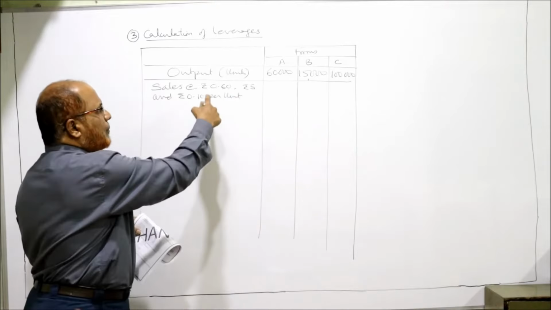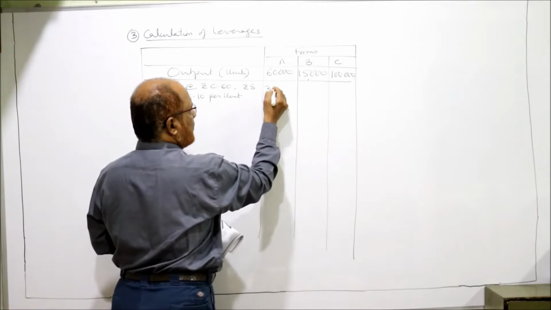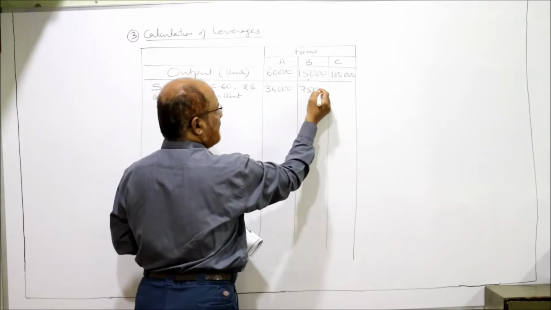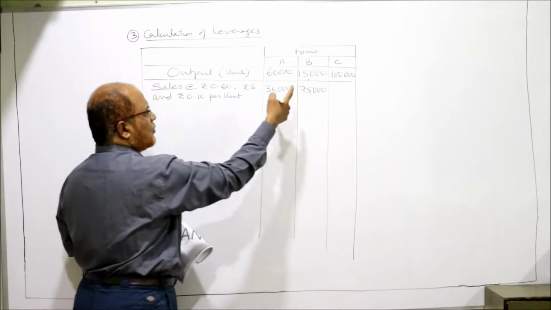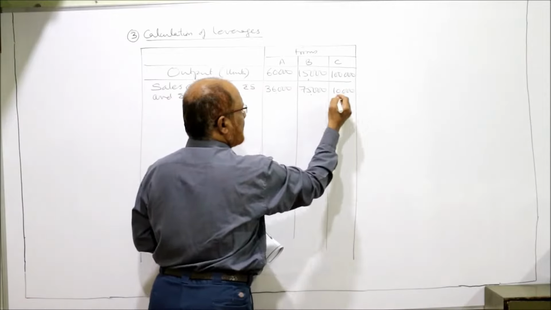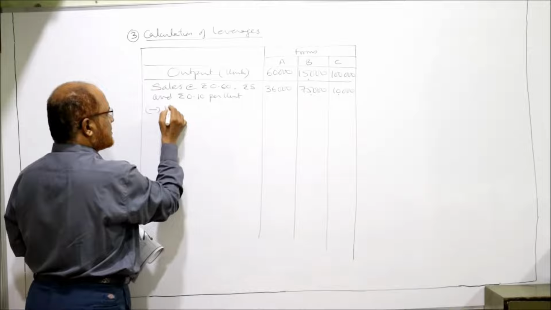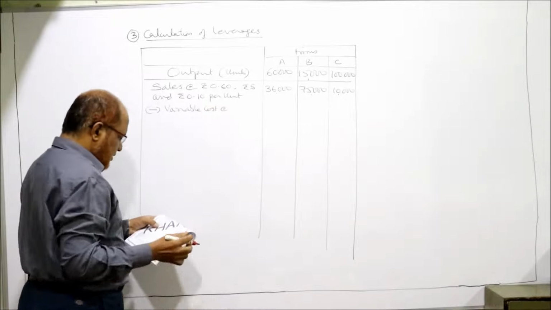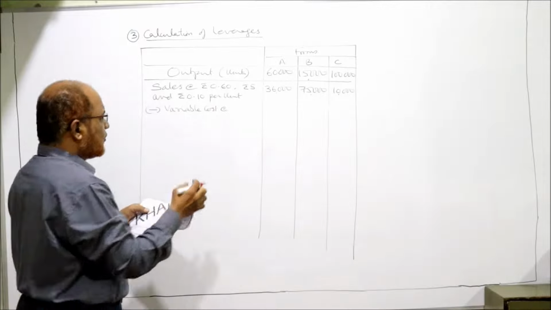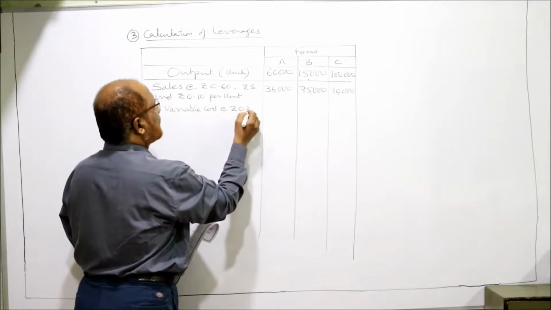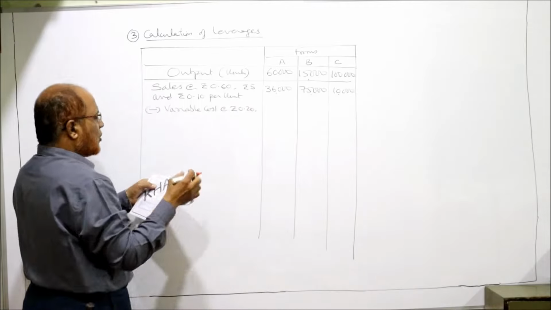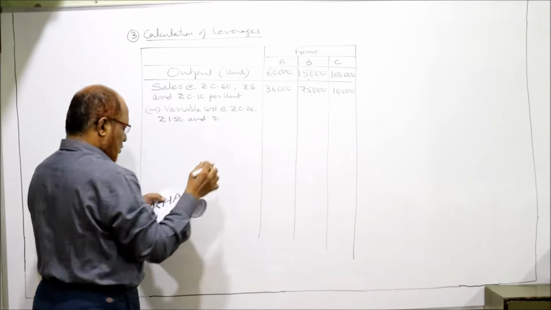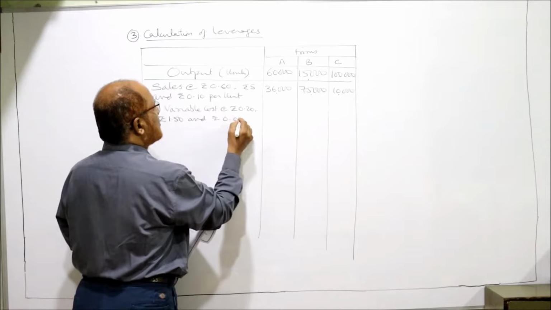Now multiply. 0.6 into 60,000 you will get 36,000. 5 into 15,000 you will get 75,000. 0.1 into 1 lakh is 10,000. These are the sales. From sales, variable cost at the rate of rupees 0.20, comma, rupee 1.50 and rupees 0.02.